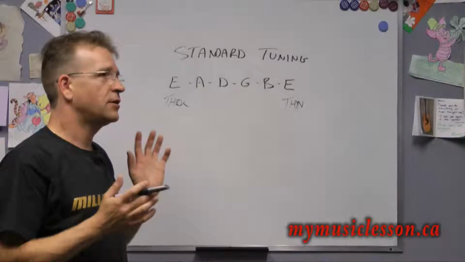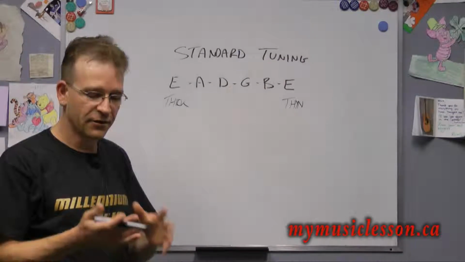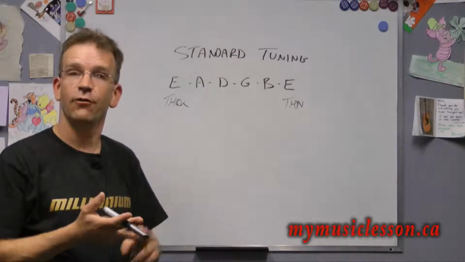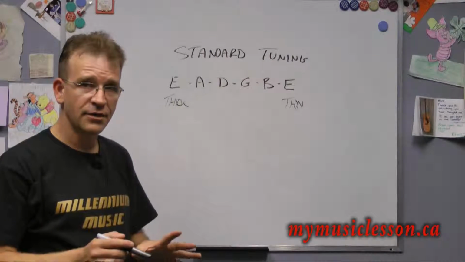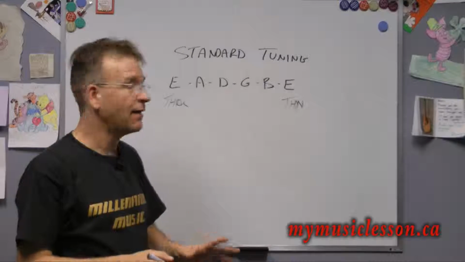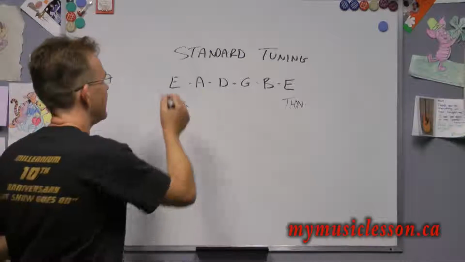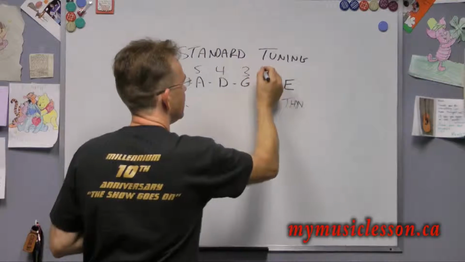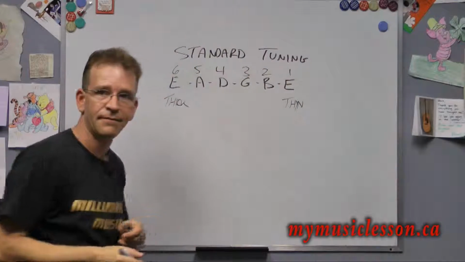Now, if you are using a guitar tuner, okay, there's a difference between what we refer to as a guitar tuner and a chromatic tuner, okay? A guitar tuner is built to strictly recognize these notes. It will recognize the E, the A, the D, the G, the B, and the E, okay?